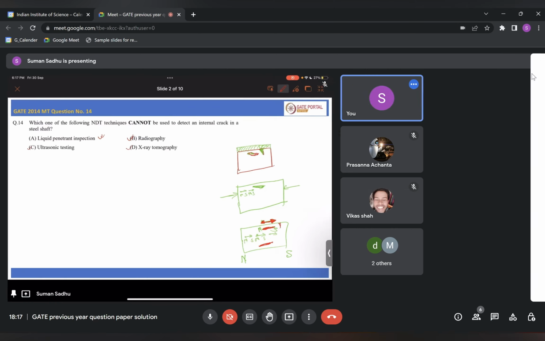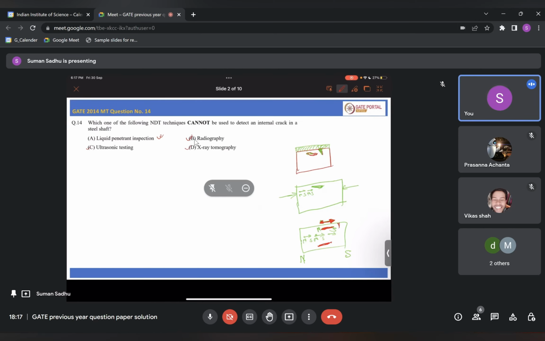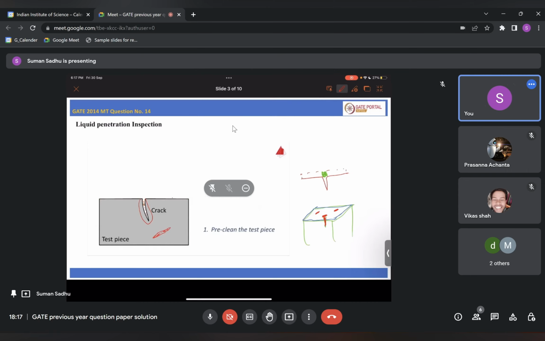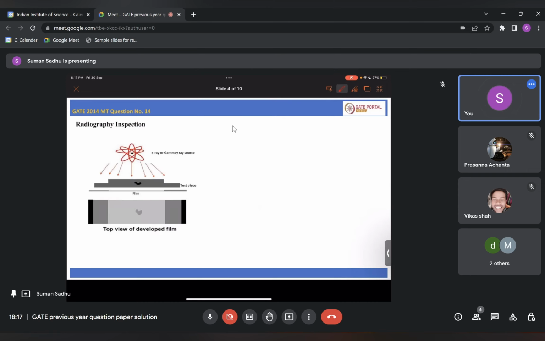Okay, and using radiography you can identify surface cracks, and also subsurface or internal cracks. So can anyone tell me what is the principle of radiography inspection? That schematic is visible on the screen.